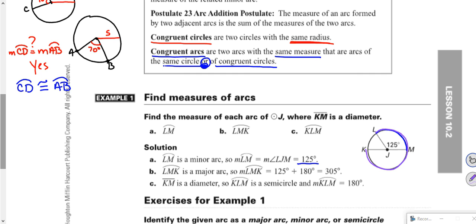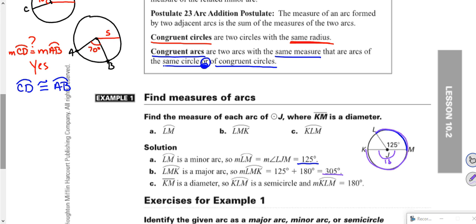All right, well, how can we figure that out? Well, we know if KM is a diameter, then the semicircle is 180. Actually, the easiest way that I see they did it here, just 180 is the semicircle, and then plus 125.